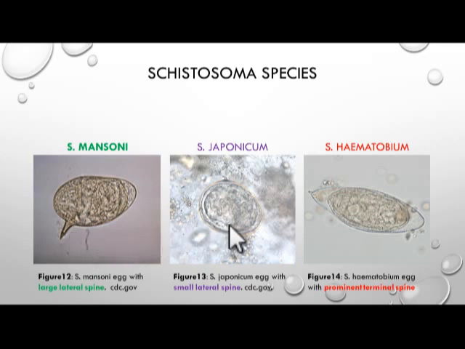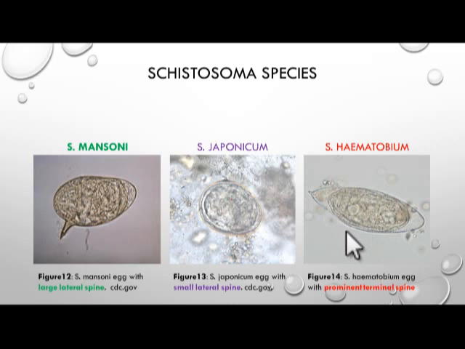Next, we have Schistosoma japonicum, which has a small lateral spine. And the third schistosome is Schistosoma haematobium, which has a large prominent terminal spine. So these morphological features are going to help us distinguish these organisms.